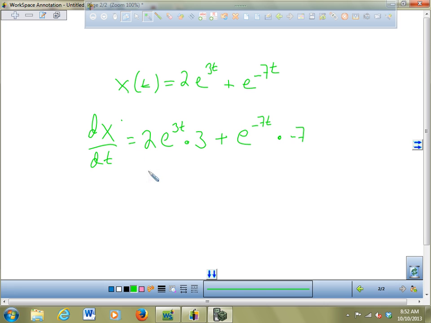Okay, and you can simplify that to 6e to the 3t minus 7e to the negative 7t. So that's dx/dt. Wait, is it to the negative 17? To the negative 7, sorry. Okay?